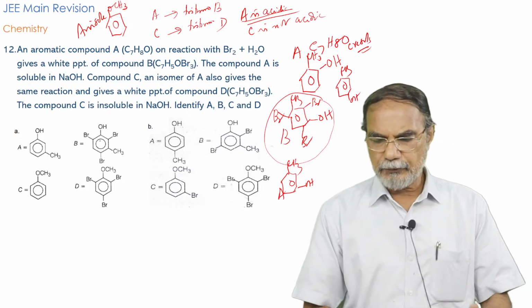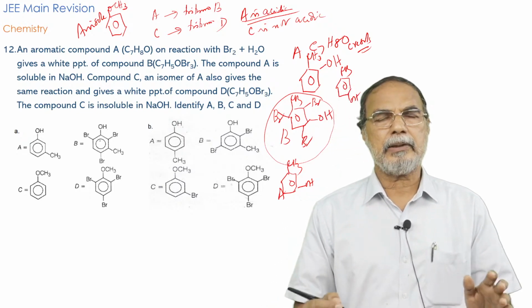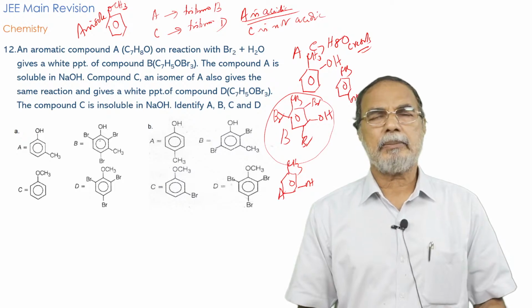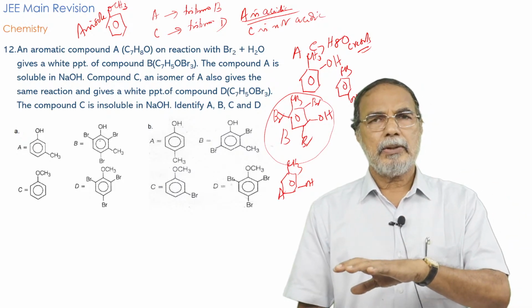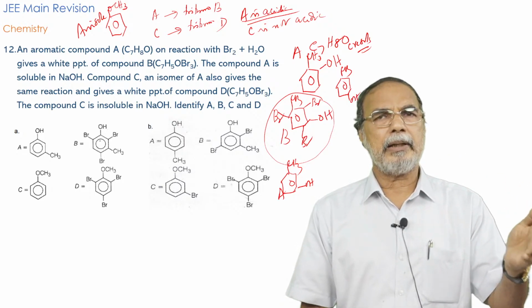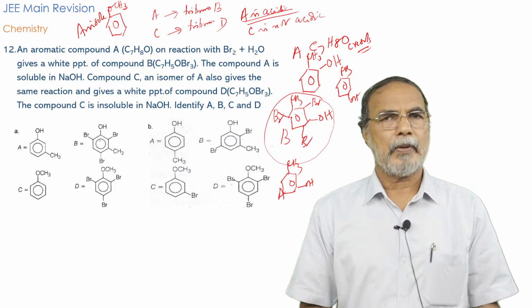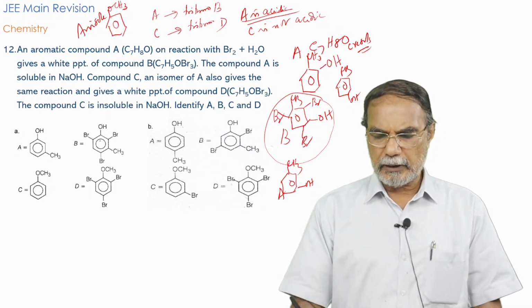So remember that for cresols you have an isomeric ether. Now that is the thing that we study when we discuss the chemistry of alcohols and phenols. Alcohols are isomeric with ethers, so also phenols are isomeric with phenyl group containing ethers. Okay, so here is an ether which is isomeric with cresol.